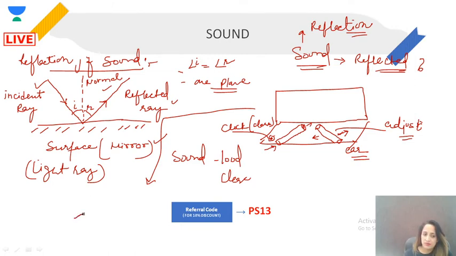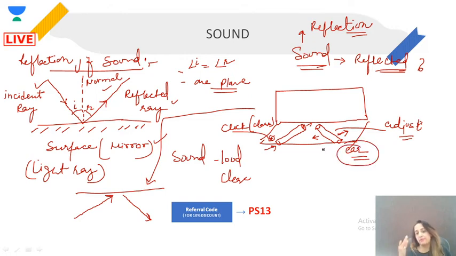The sound waves travel, and if there is a surface over here, they will hit that surface and get reflected. So that means, had there been no effect, we could have heard this sound wave at the same pitch and same clarity at all points. But that is not right. We had to adjust this pipe number 2 over here to hear the sound clearly, right?